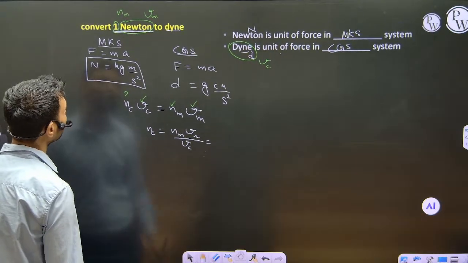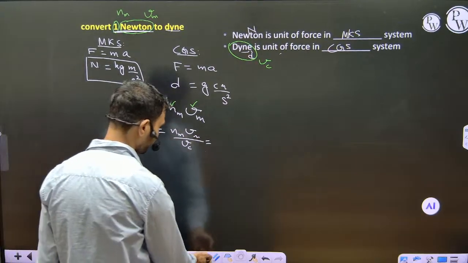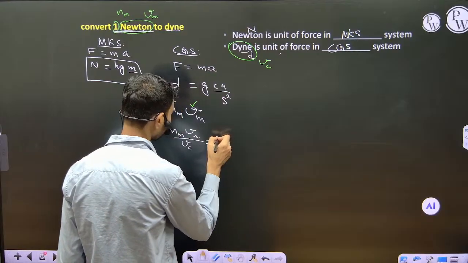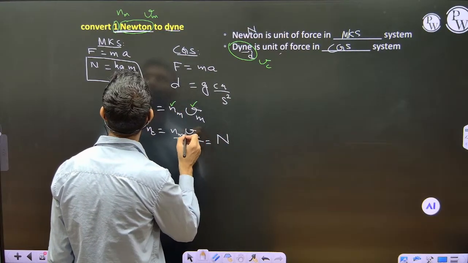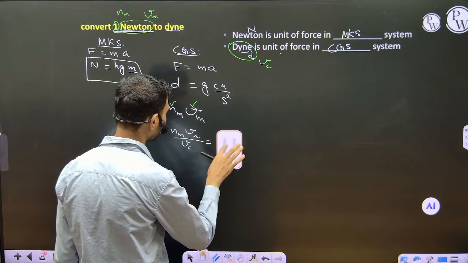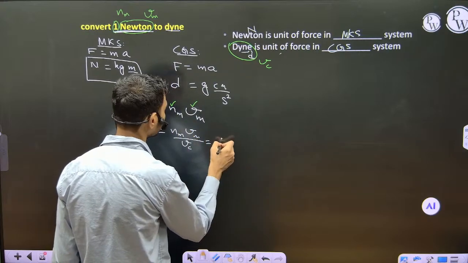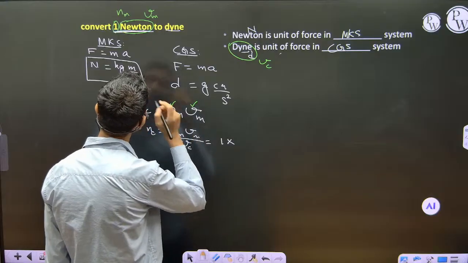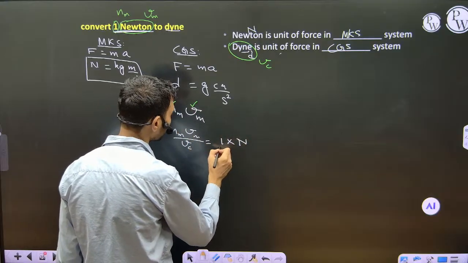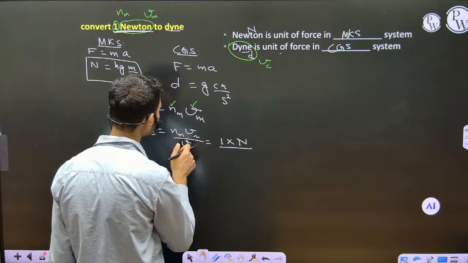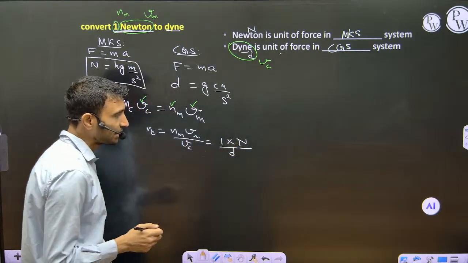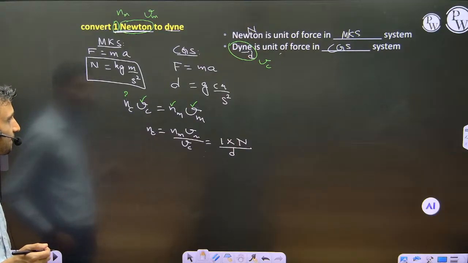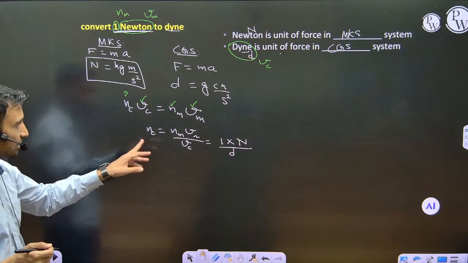NM is 1. What is UM? Unit is Newton, divided by UC. UC is what? UC is dyne, right? So it's basically N upon D. That's what NC is, N upon D.